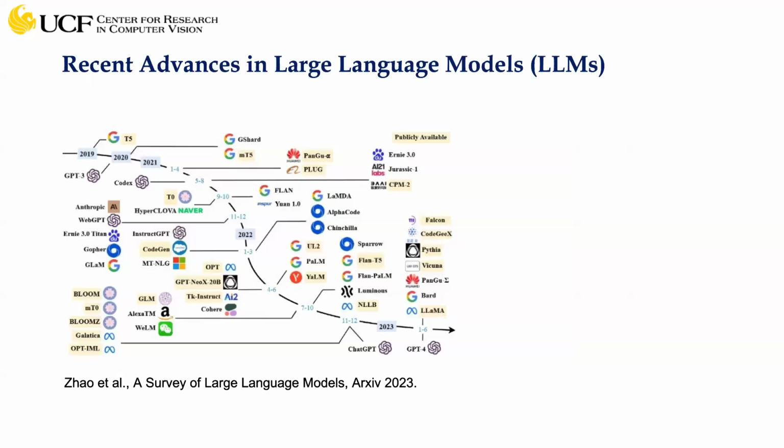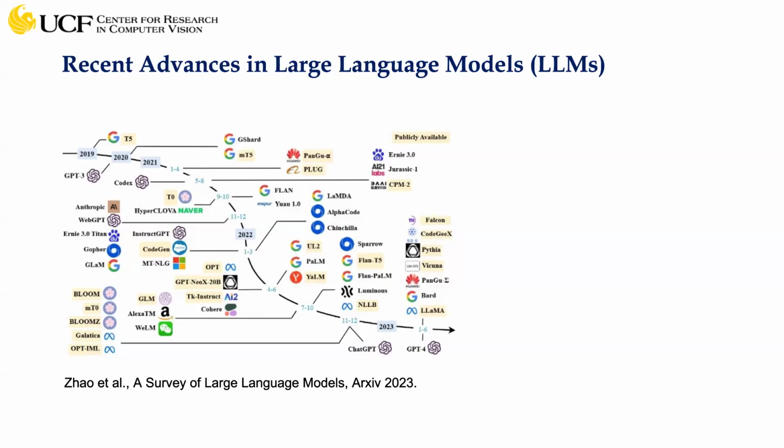As you know, there is a huge number of large language models. This is from a survey on large language models from Microsoft. It tells you the whole history, started 2019, this is 2023, we are already in 2024, and there are so many of these large language models. The ones shown in yellow are open source, which is good, so you can use them and change them.